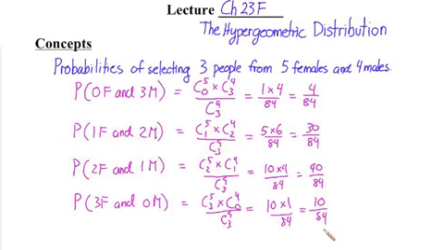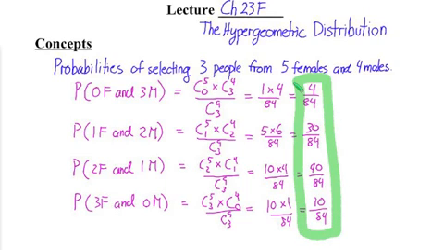Remember from our work on probabilities earlier in the year that if I have accounted for all possible outcomes, then the probabilities of those outcomes should add up to 1. And indeed, we see that these probabilities add up to 84 over 84.